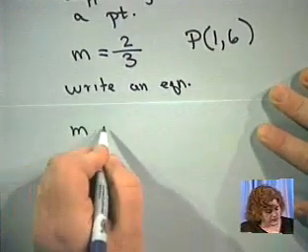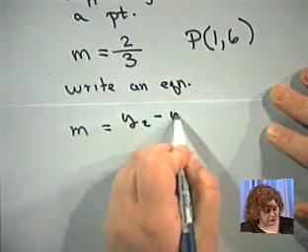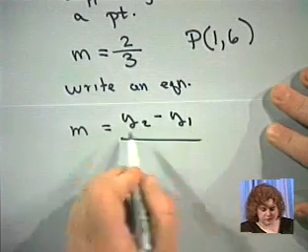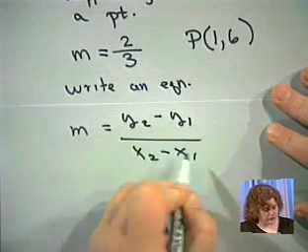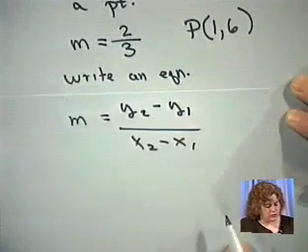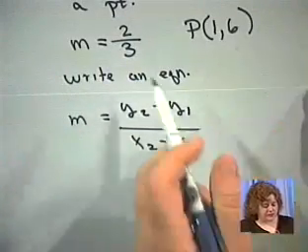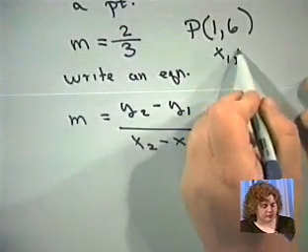Slope is given by the change in the y-coordinates between 2 points, the rise, y2 minus y1, over x2 minus x1. Well, what do we know in this case? We know a point 1, 6. Let's let that stand for x1, y1.